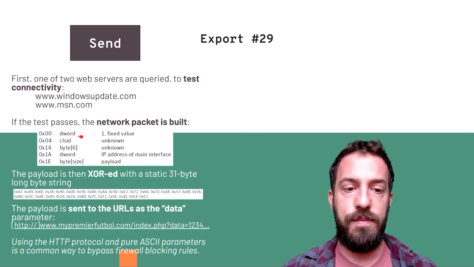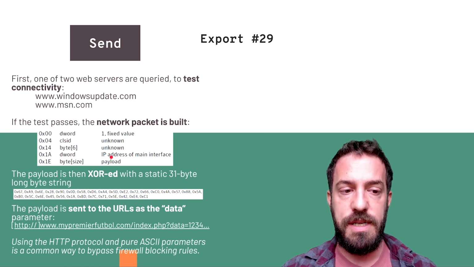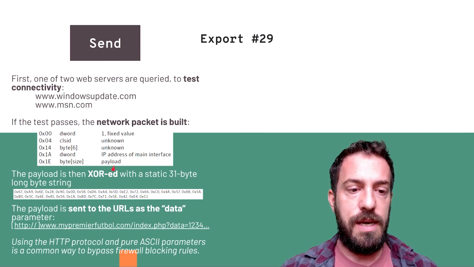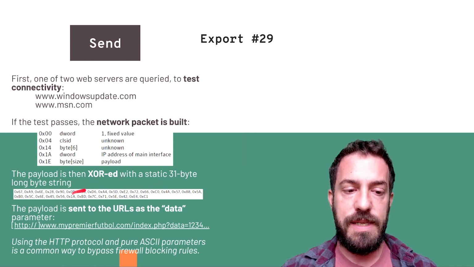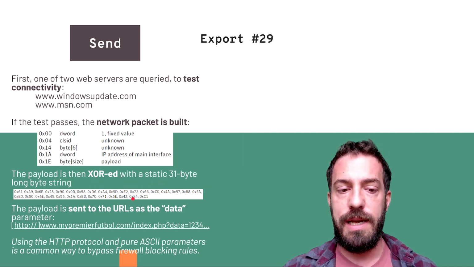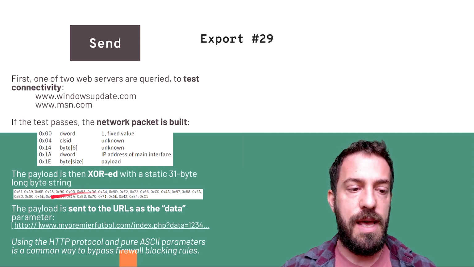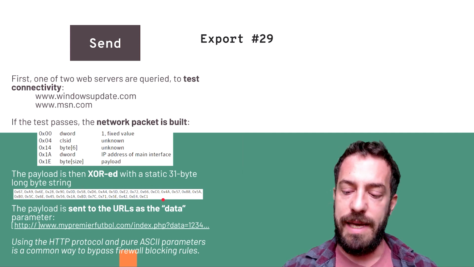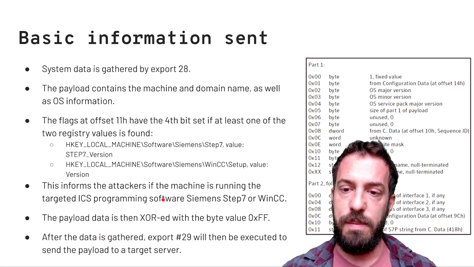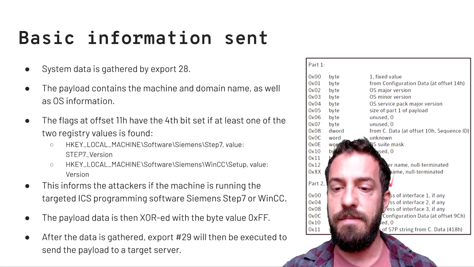So the test is passed and the network packet is built. This will have information that we saw from before, this DWORD, some other information, and then the IP address and the payload. The payload is then XORed with something that in a way looks like a one-time pad, right? You XOR with a static 31-byte long string, and this kind of hides it, because from the previous slide, this is plain text.